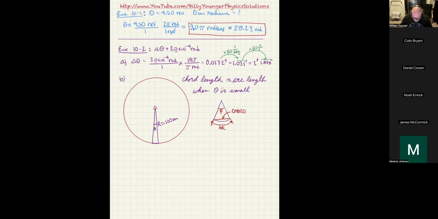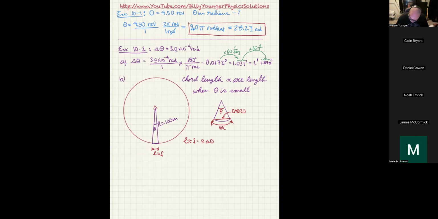Now, with that in mind, we can just say the arc length is approximately equal to the chord length, so the actual measurement of the creature, which I'll call L, is approximately equal to S. So we'll say L is approximately equal to S, which equals R times delta theta.